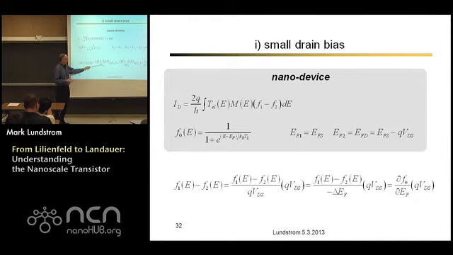So when I apply a positive voltage to the drain, I lower the Fermi level in the drain, so it goes negative. So this I can recognize as the derivative of the Fermi function with respect to the Fermi energy. All right. So just a little bit of F1 minus F2 is related to a derivative of a Fermi function.